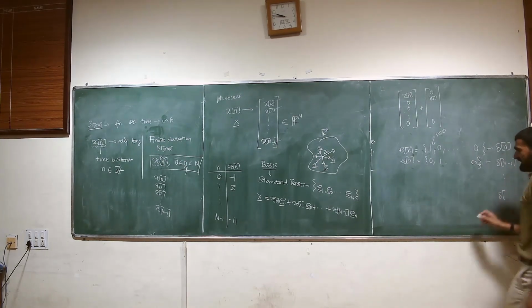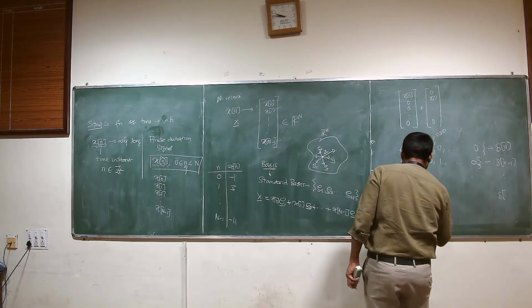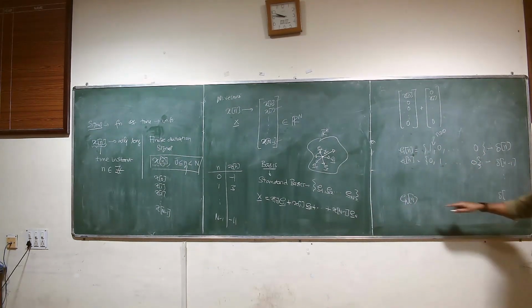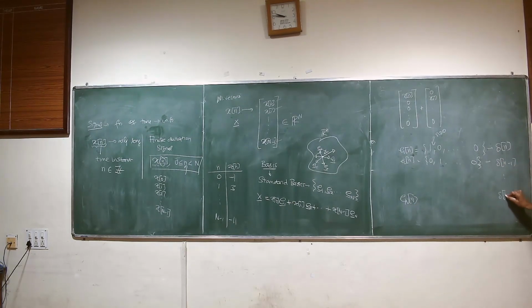So on and so forth. The last one, EN, capital N. Is that correct? Minus 1 or plus 1?